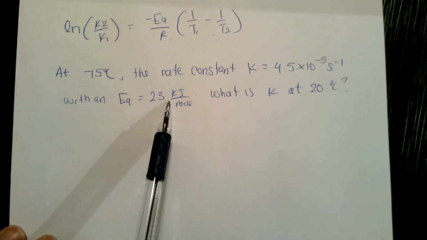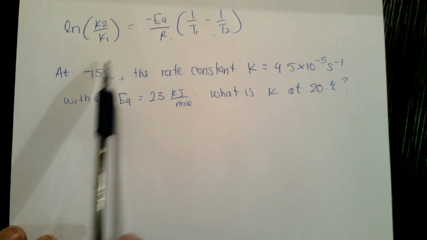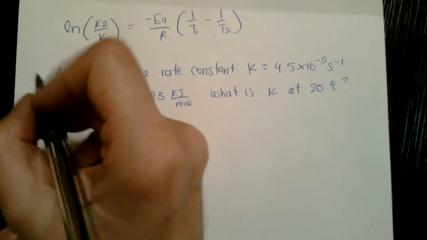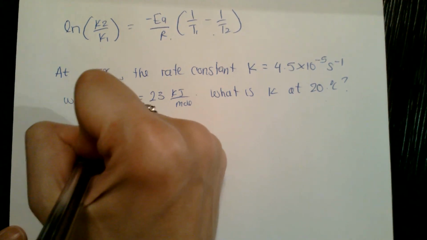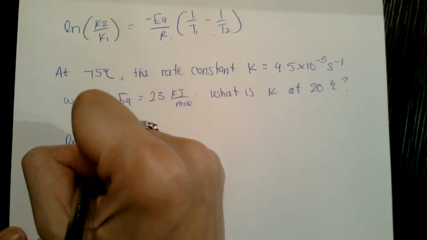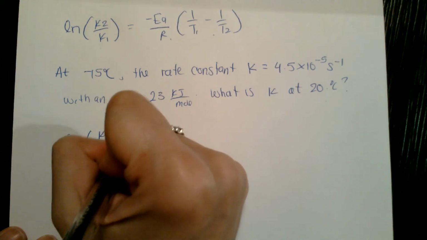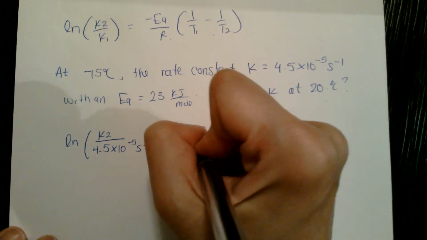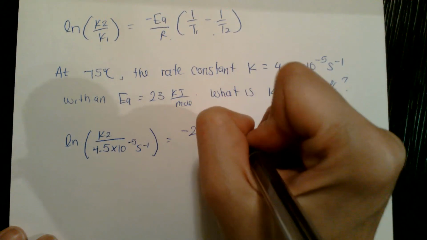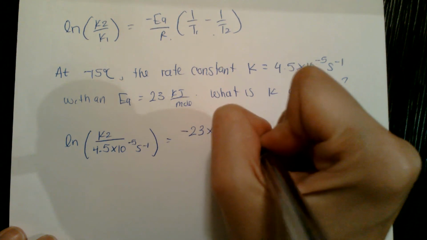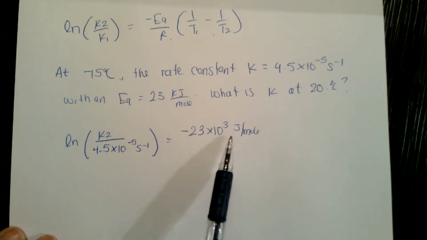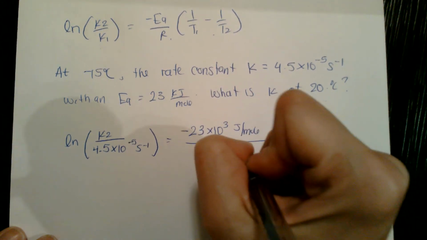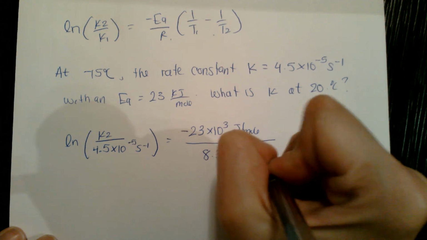Okay, so if we know the activation energy, we know R, we know our two temperatures, and we know one of our Ks, we can solve for the other one. So we have the natural log of K2 divided by our K1, which was 4.5 times 10 to the negative 5 seconds minus 1, equals negative 23 times 10 to the third joules per mole, where I've taken kilojoules and turned it into joules because our R is 8.314 joules per mole Kelvin.